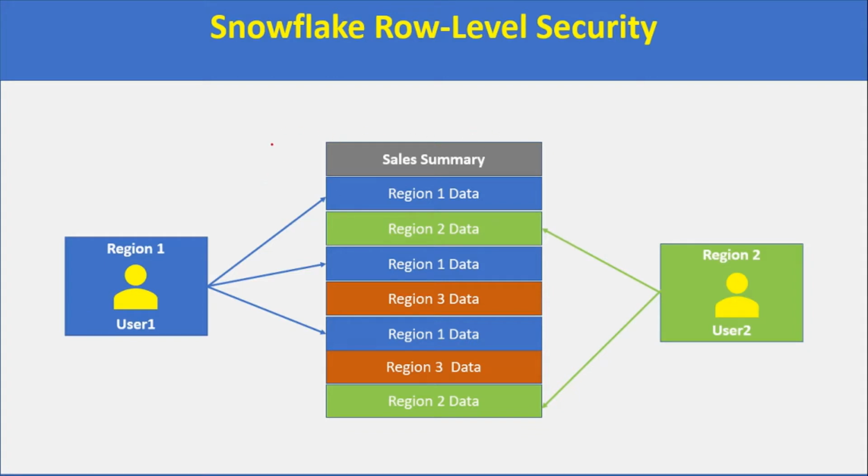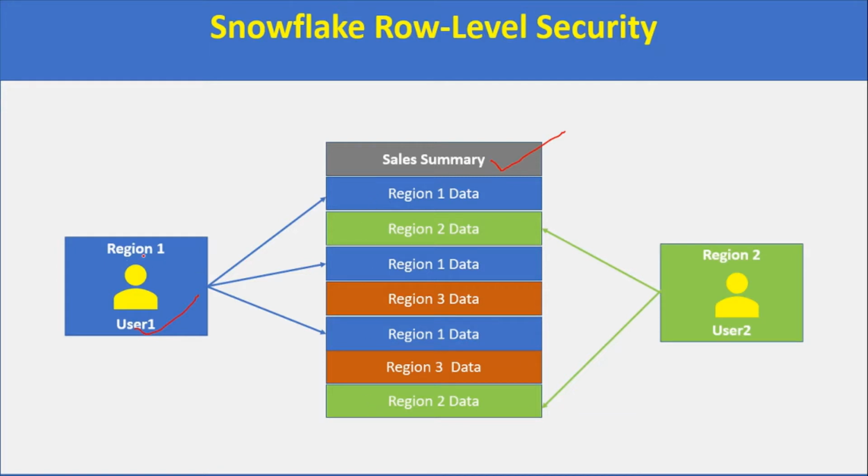From this diagram, we have data from the sales summary, which contains different regions like region 1 data, region 2 data, region 3 data and so on. And we have user 1 who belongs to region 1 and user 2 who belongs to region 2. Here user 1 can access only data related to region 1.